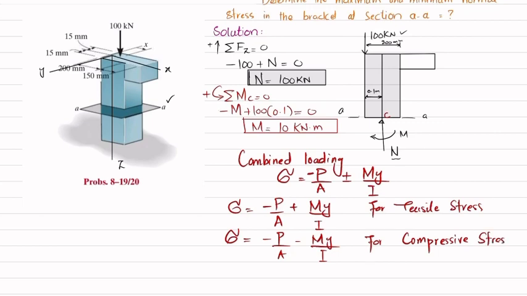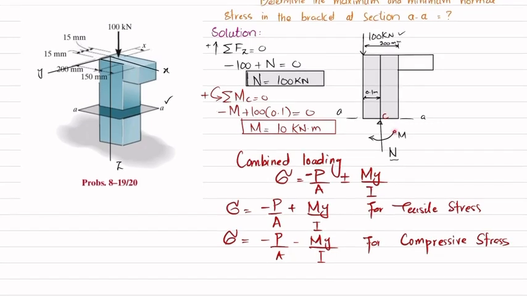Okay. So you can see that due to this moment, this portion will be in compression and this portion will be in tension. Also, we will find the section properties A and I. This is the area where this load is going to act.